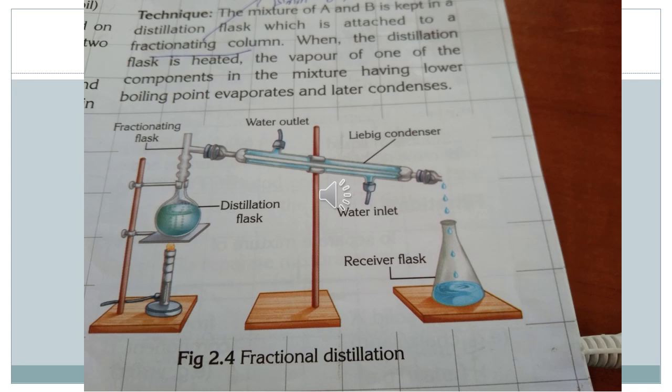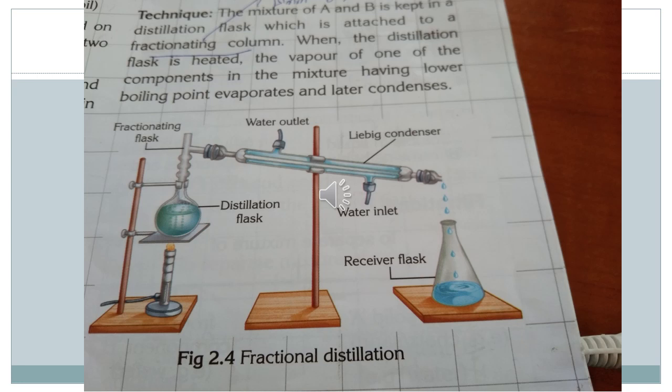Already we know they have different boiling points. One has a low boiling point, another has a high boiling point. So when they have less than 20 to 25 degrees Celsius difference in their boiling points, we can separate them.